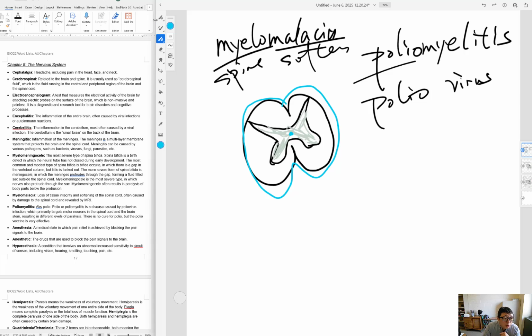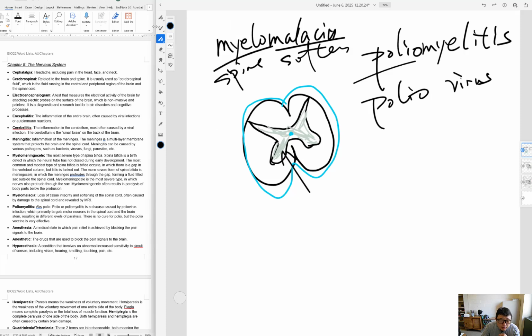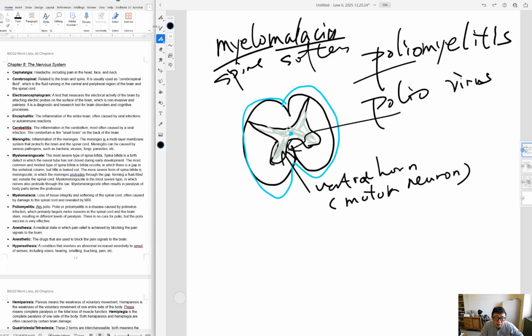In the center there is a kind of butterfly shape. This is called the ventral horn, and in the ventral horn you have motor neurons. The neural cells that control motion are called motor neurons, and poliovirus affects them here, and that's why it causes paralysis.